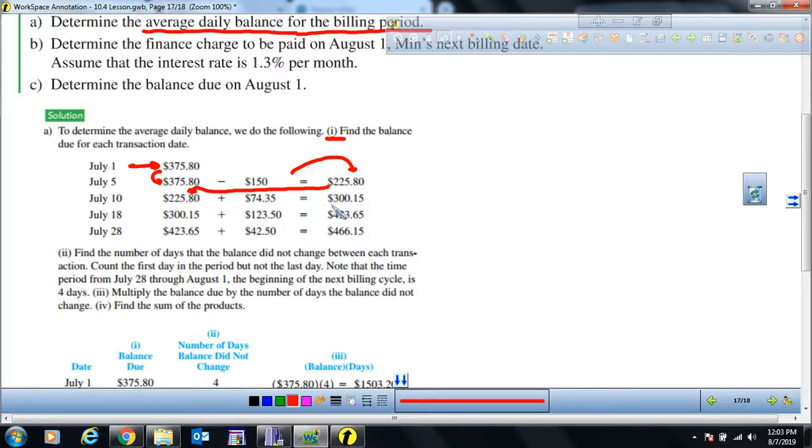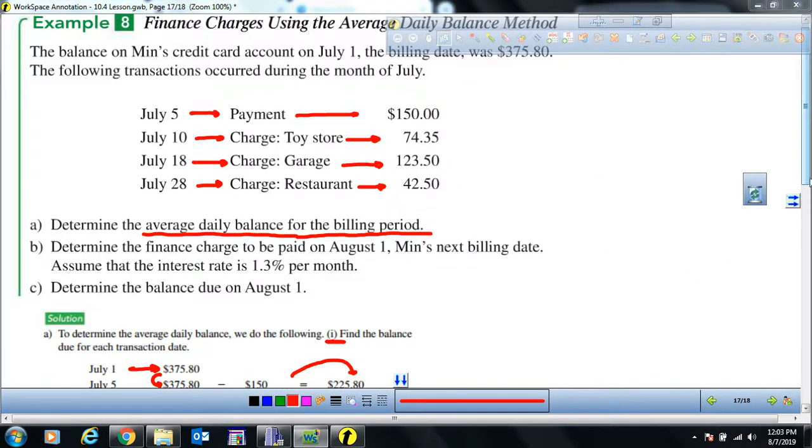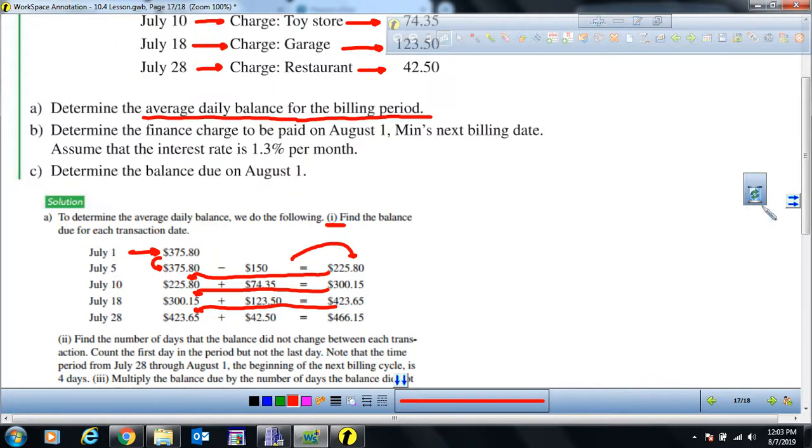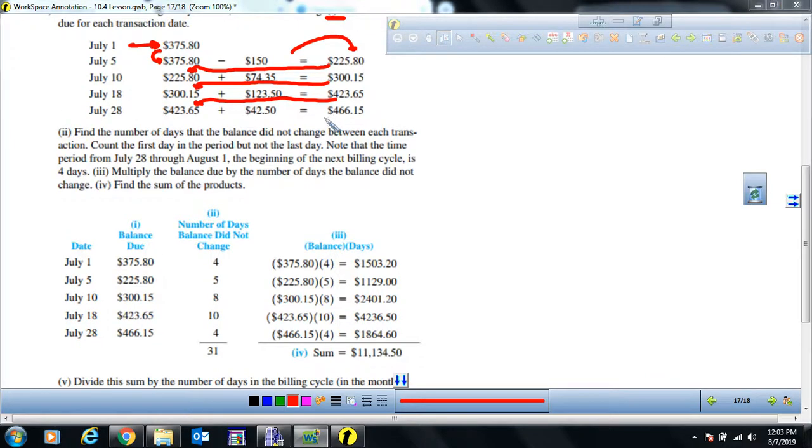Then this previous balance plus what she charged on July 18th, for the garage, $123.50, gives this new balance. And this balance again plus the restaurant charge, $42.50 on July 28th. So this is the last balance she has as of that last day, including everything that she has done before.